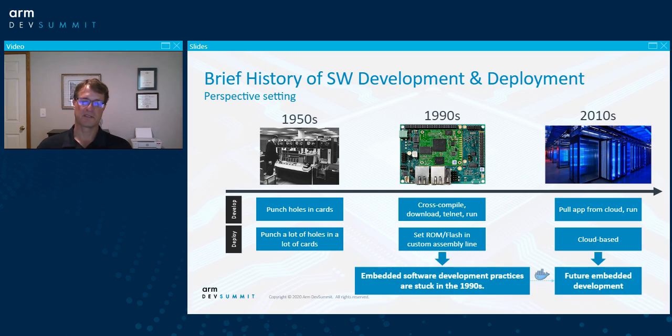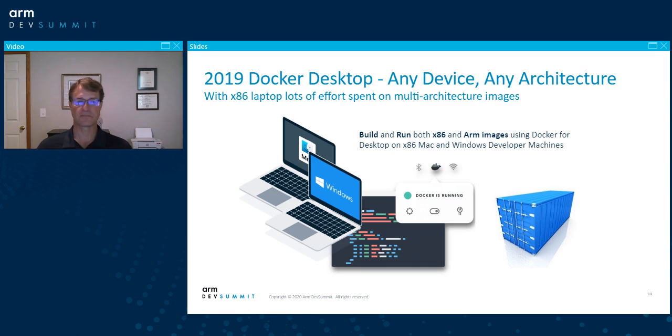Now what we're seeing is this transition where we're going to bring embedded software development into the future and into the current methodologies that are used today. So what we want to do is get out of the 90s and get up to the current date, and use the ARM architecture as the common platform across all the different types of computing that we need as part of our software development process. So let me show you how that goes.